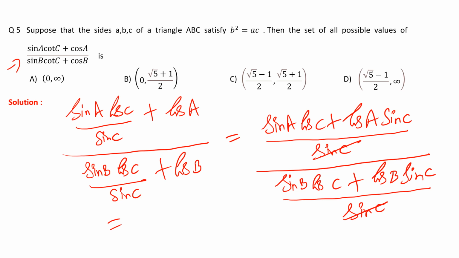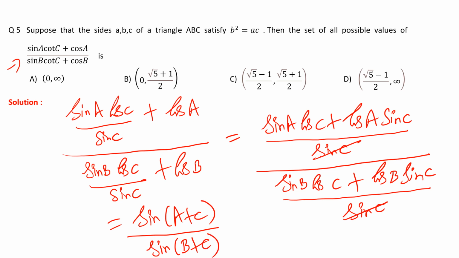Sine A cos C plus cos A sine C can be written as sine of A plus C. And in the denominator, again, it's a direct formula. It can be written as sine of B plus C.